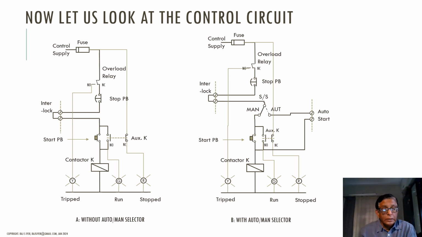Okay, now let's say somebody hits the start push button, the coil gets energized. Because the coil gets energized, the supply to the contactor is sustained by means of the parallel NO contact that latches it.